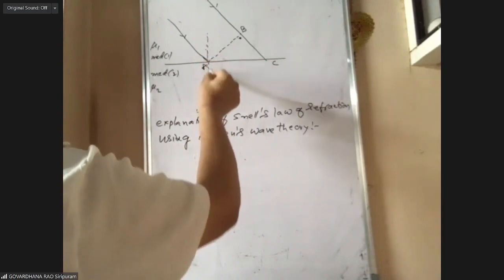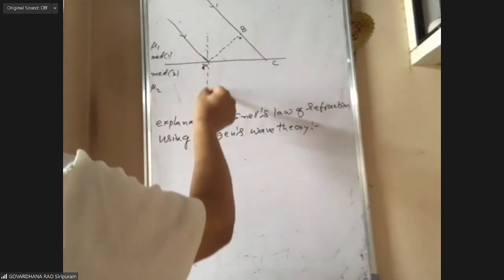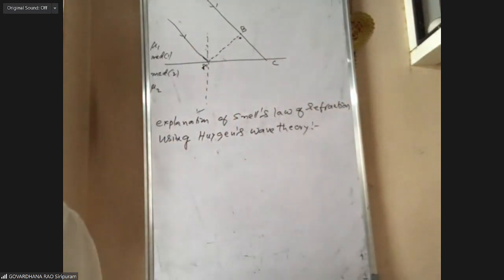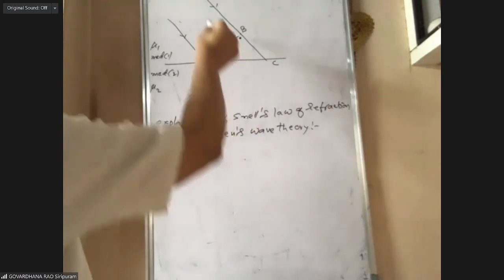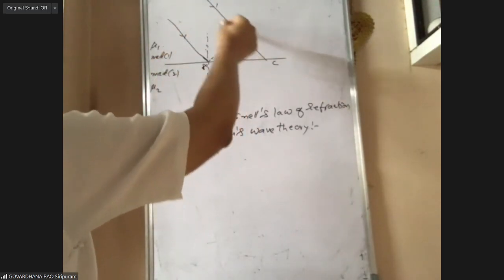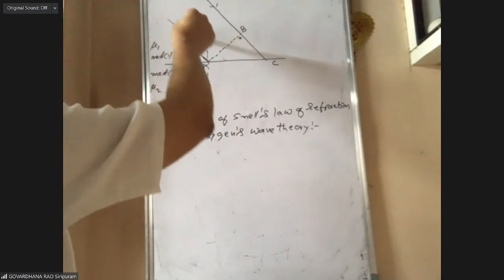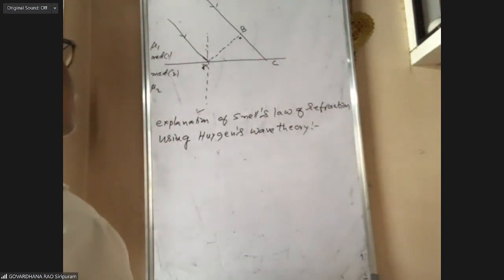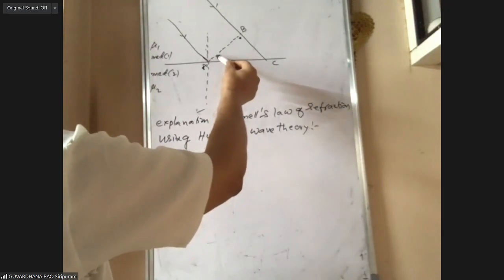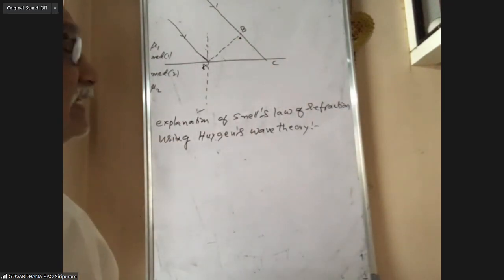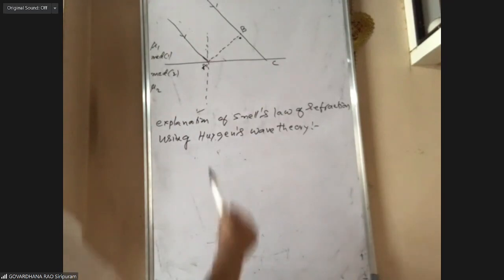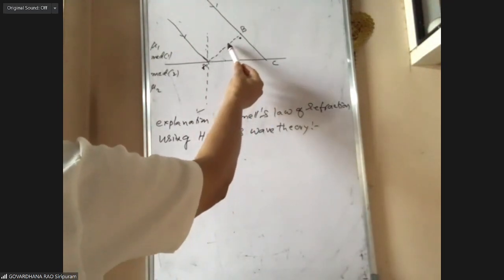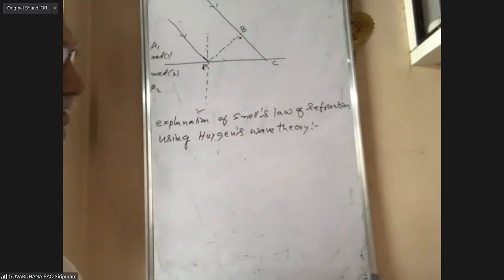Any straight line drawn perpendicular to medium is called normal. And rays perpendicular to wavefront, these are the rays. Because this is the wavefront. All the particles on this wavefront are in the same phase.